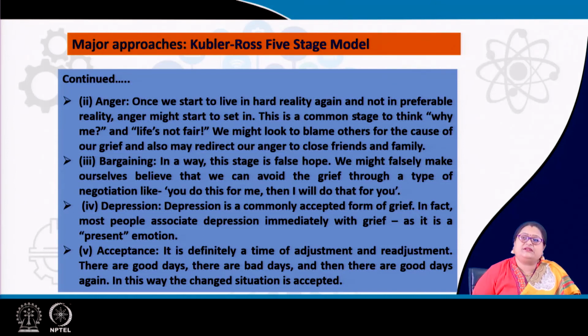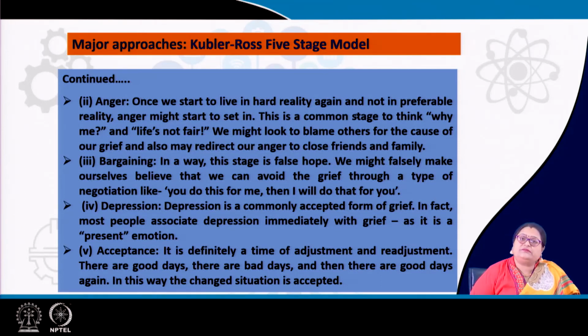But again, we understand this is not a very preferable way to introduce change. If you're doing something for me, then I'm doing something for you, this becomes a very conditional way of approaching the change process.